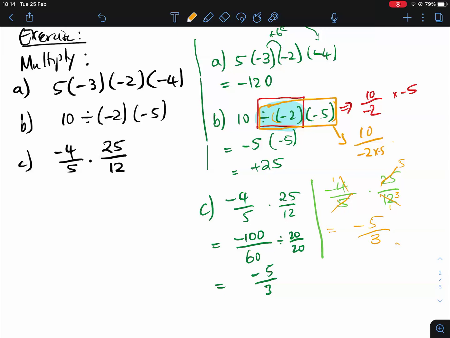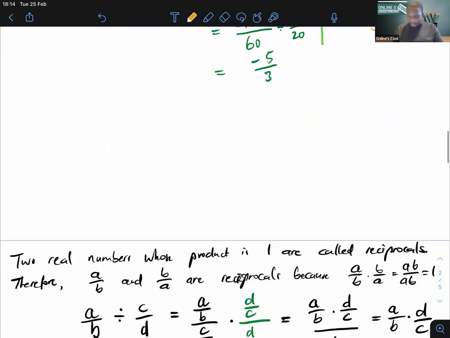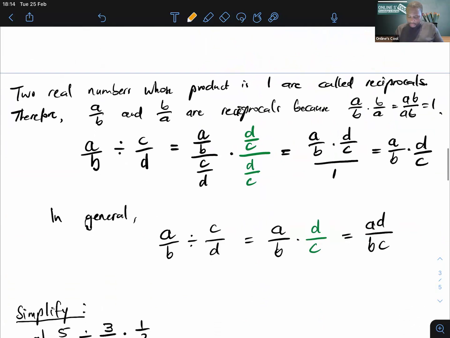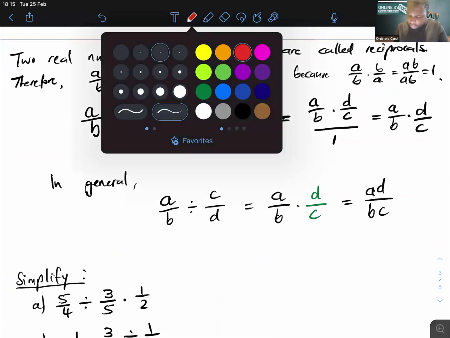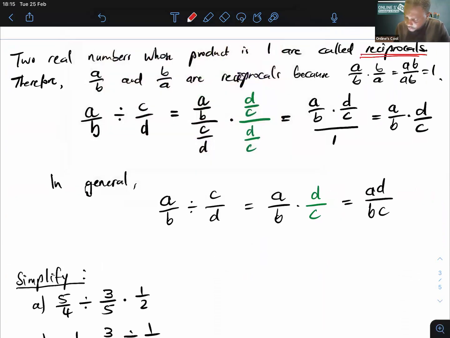Right? Perfect. And then the other section that we will be looking at is this thing called reciprocals. What are reciprocals? Reciprocals are numbers that when you multiply them, you get 1. So 2 multiplied by 1 over 2 is 1.